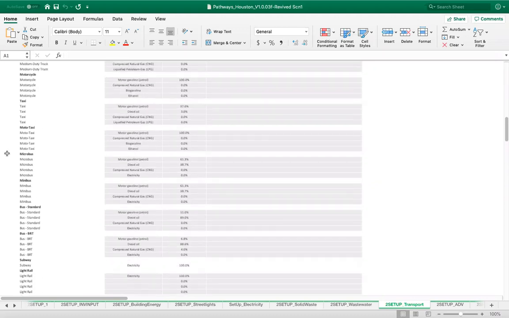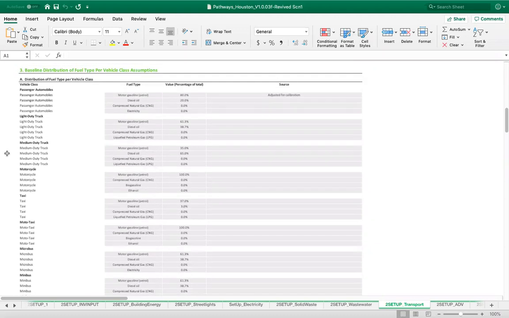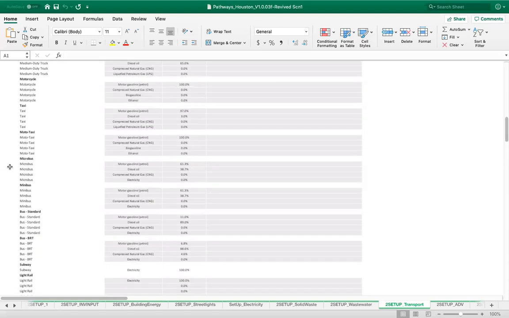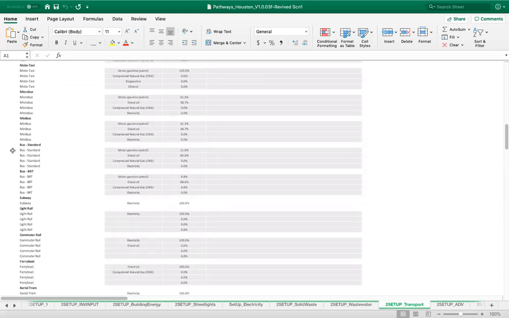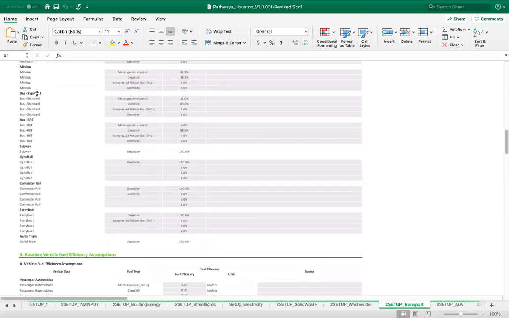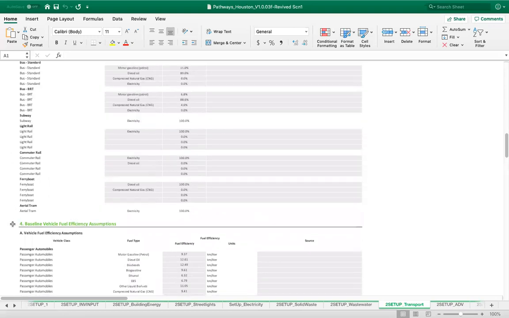And you'll see, I should say, that when we look at the set of transportation emissions as a whole, we're primarily concerned with passenger vehicles and light duty, medium duty trucks, but we do also have the ability to look to motorcycles, taxis, moto taxis, microbus, minibus, much more applicable for other parts of the world, but also standard bus and BRT options, as well as various rail options, and the local in-city ferry service can also be specified.